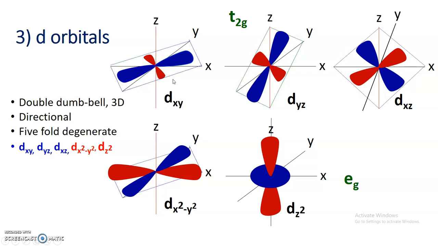Okay, now what is the difference between the dxy and dx square minus y square orbitals? In the case of the dxy orbital, lobes are oriented in between the x and y axes, but in the case of the dx square minus y square orbital, lobes are oriented along the x and y axes. This is the most important thing.